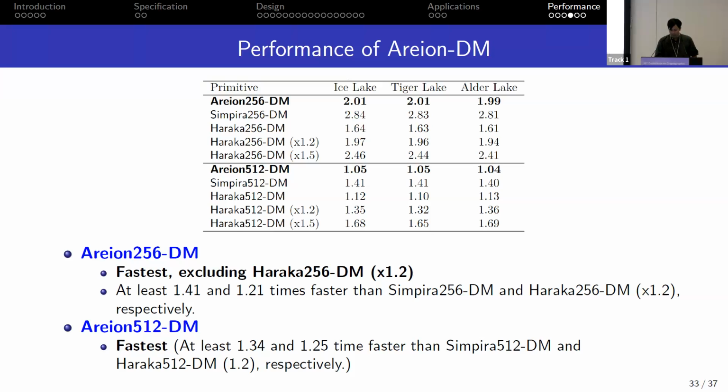And Rayon 512 DM is the fastest among all schemes we measured.